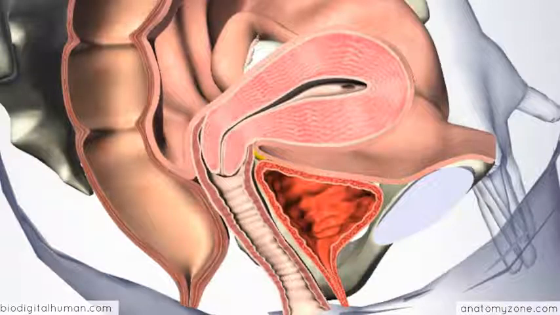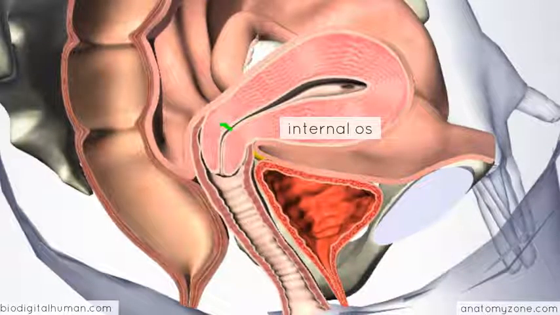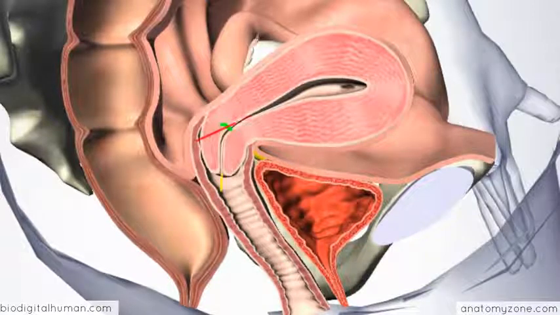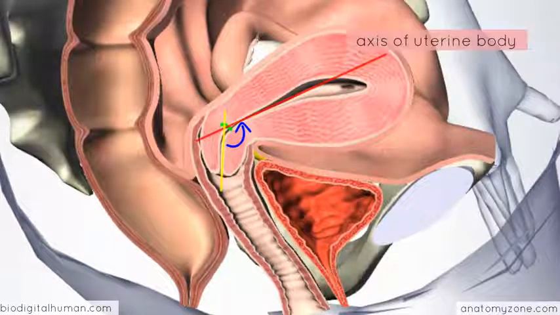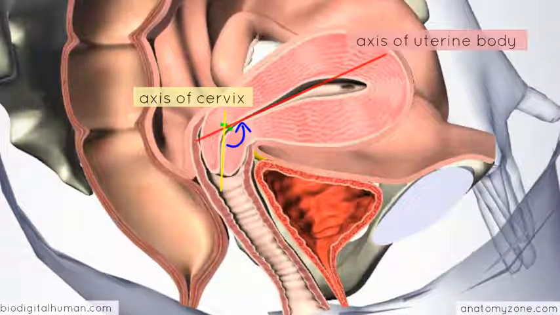At the level of the internal os, you can see that the body of the uterus is angled forward at an angle of around 130 degrees. So the axis of the uterine body lies at a 125 degree angle to the axis of the cervix, and this degree of angulation is called anteflexion.